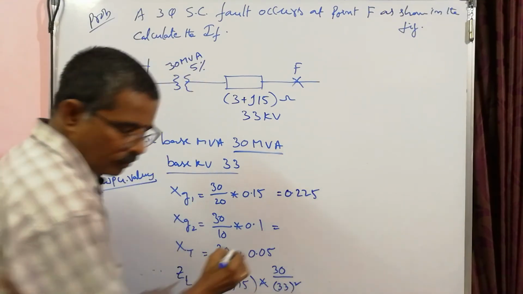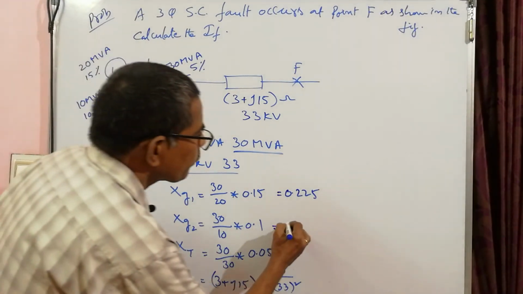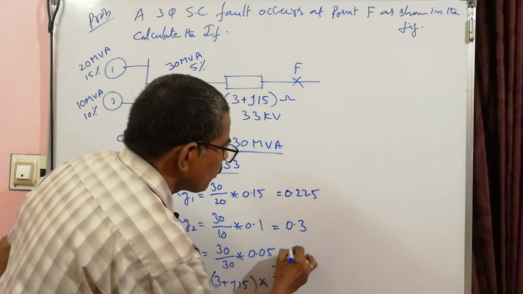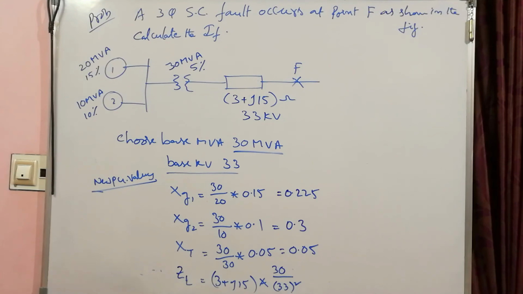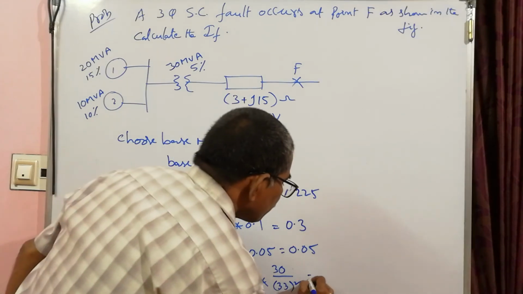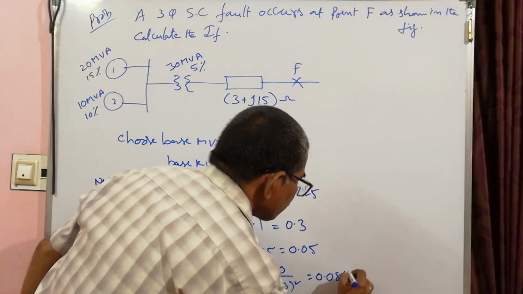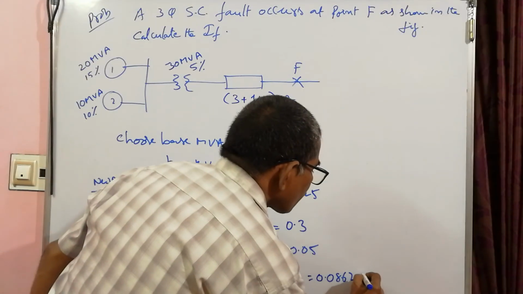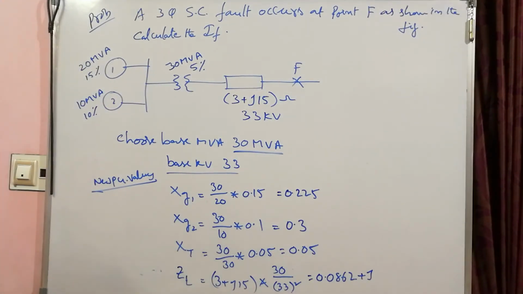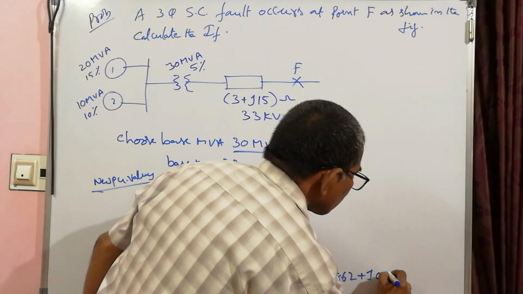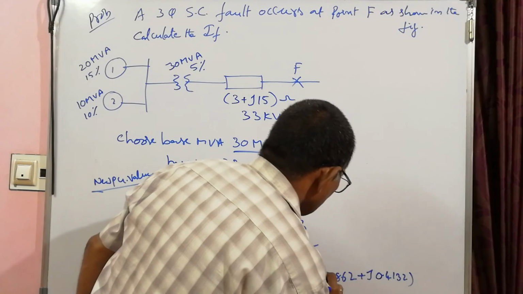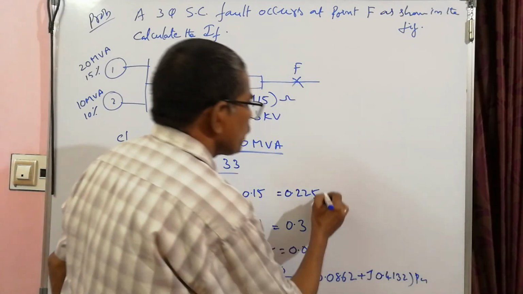So, these values are 0.225 and this is 0.3, 0.05, 0.0862 plus j0.4132 per units.